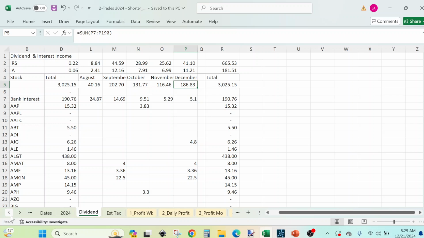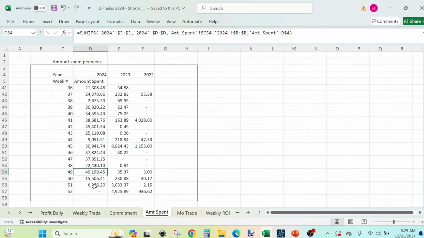Okay, so it's tracking how much stocks we purchase per week. Yeah, and week 50 and week 51 is that. But yeah, and I think that is from that report. That is that.